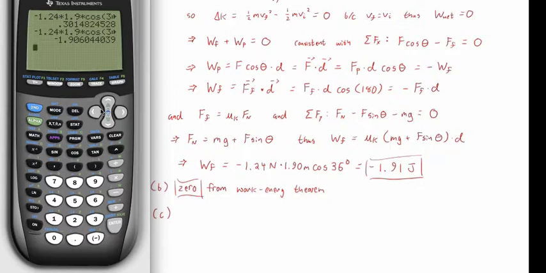So the friction coefficient is going to be the work of friction divided by d times (mg plus F sine theta), and all of this is in the denominator. Okay, so we'll go ahead and find that value.